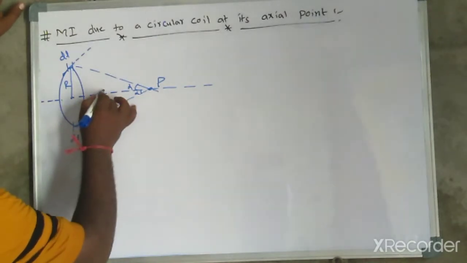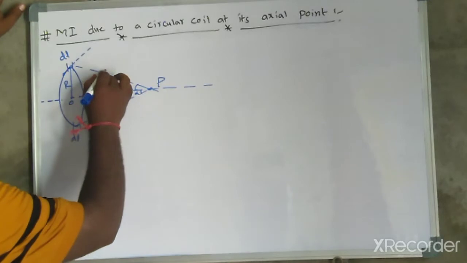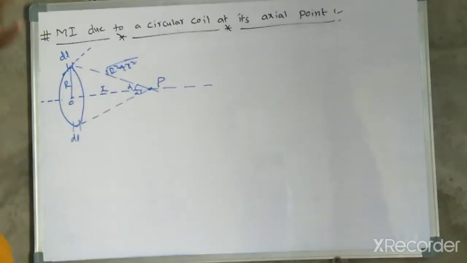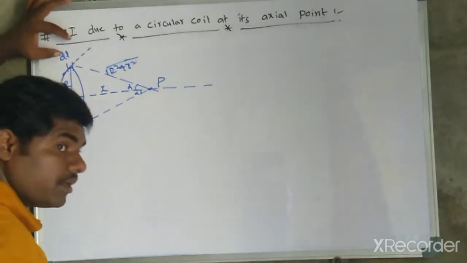So here the distance from the center to P, let us consider x. This distance is under root of r square plus x square. Here r is constant, x is constant, and dl is the only variable.